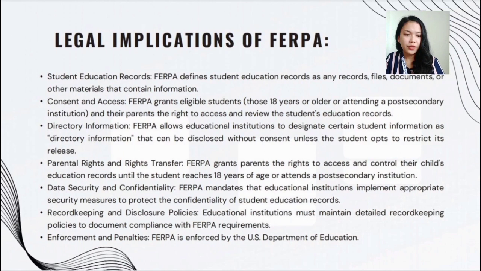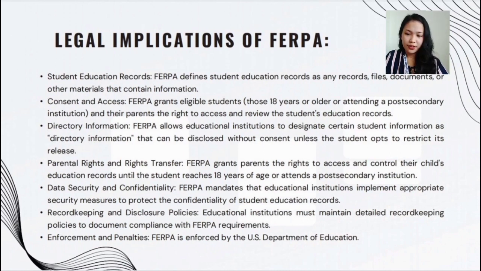Third is directory information. FERPA allows educational institutions to designate certain student information as directory information that can be disclosed without consent unless students opt to restrict its release.